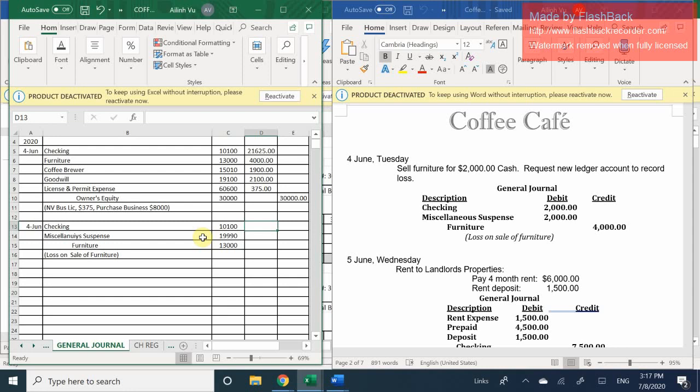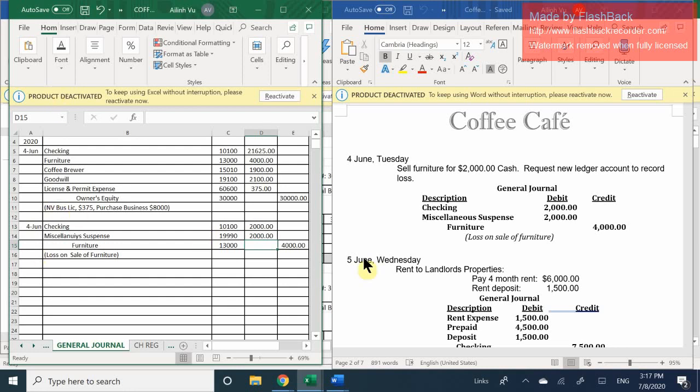Let's go ahead and do our debits and credits. I know I received $2,000. And I know that my furniture that I originally purchased was $4,000. So if I subtract 2,000 from 4,000, my remaining should be $2,000. Right?